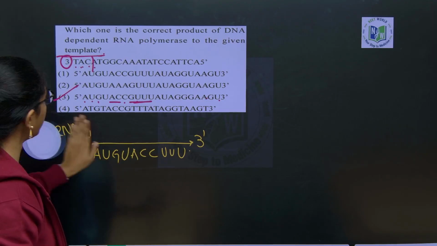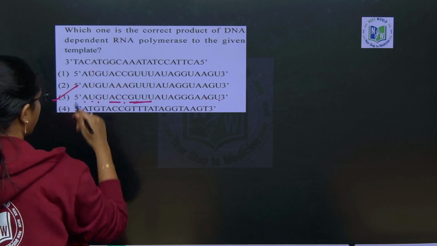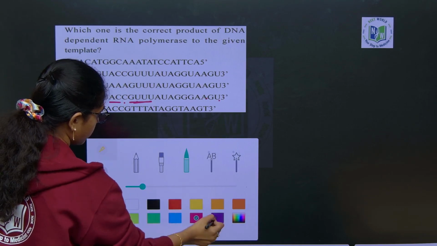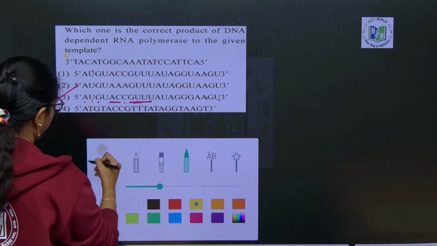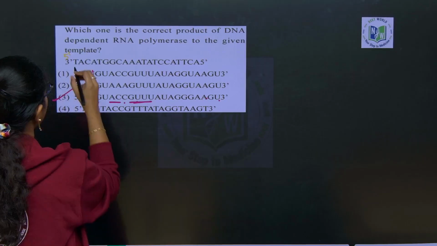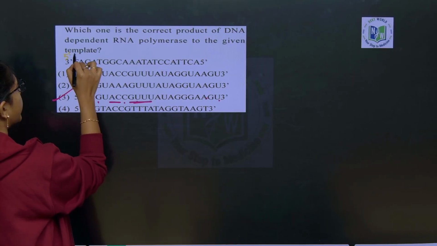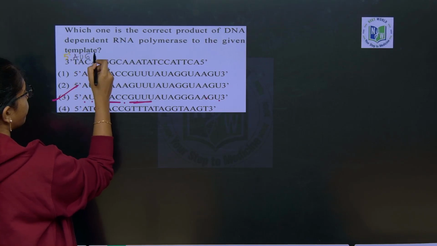If you want to write it more clearly, you can write it over here. So it is from 5 prime to 3 prime. Here it will be adenine, and here it will be uracil, guanine.